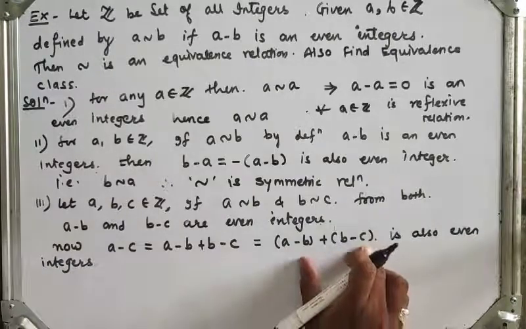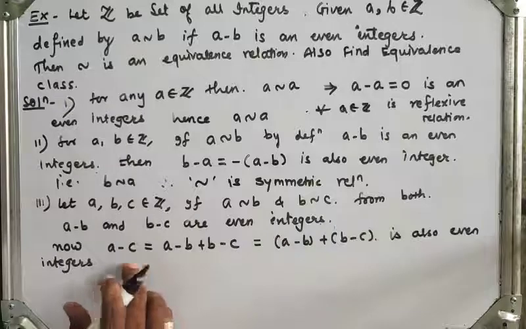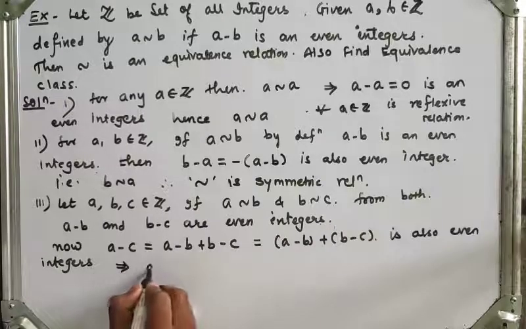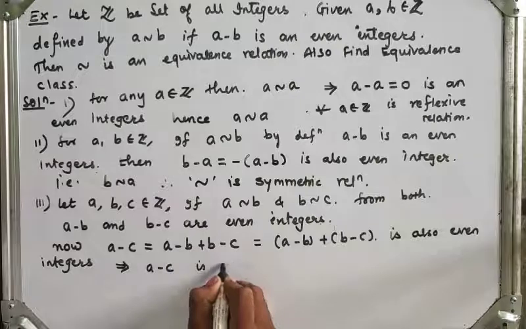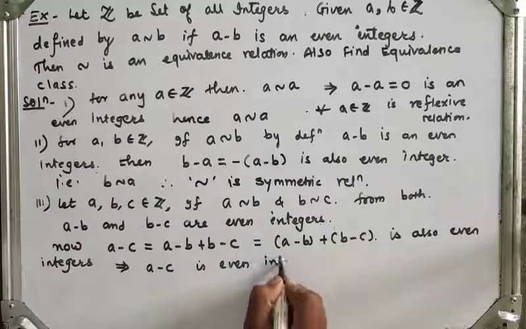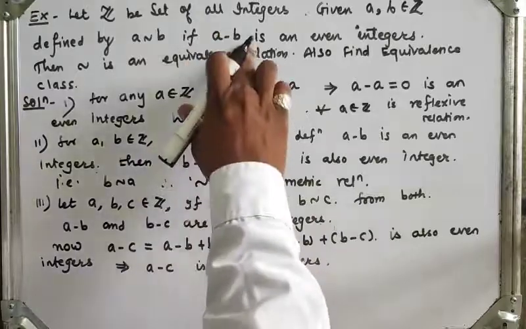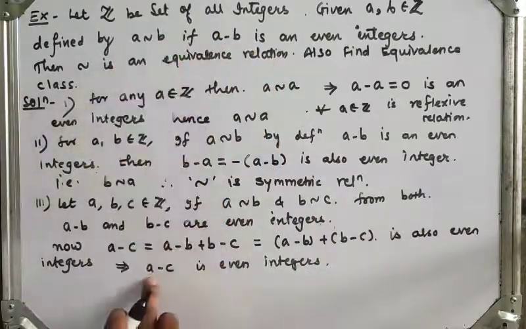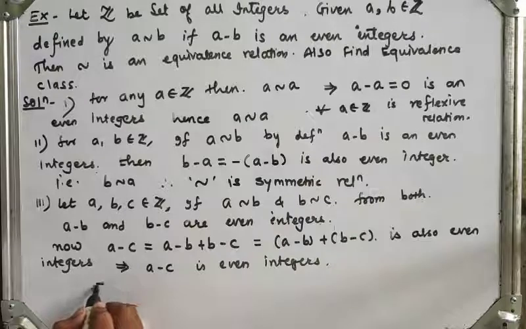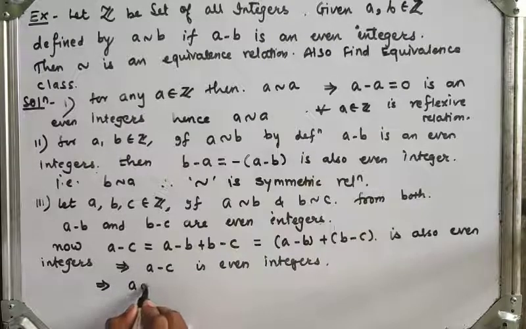This addition being an even integer means a minus c is again even, that implies a minus c is an even integer. So from the definition, a minus b means a is equivalent to b, and a minus c means a is equivalent to c.